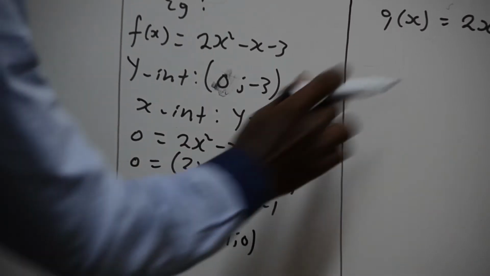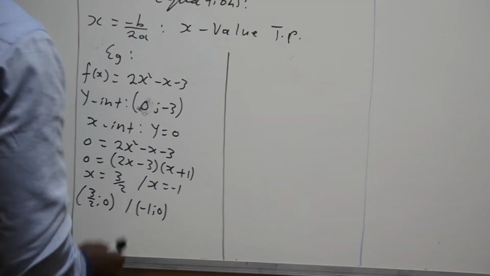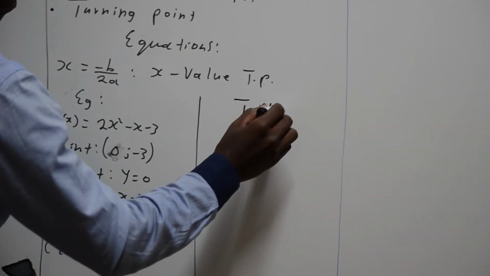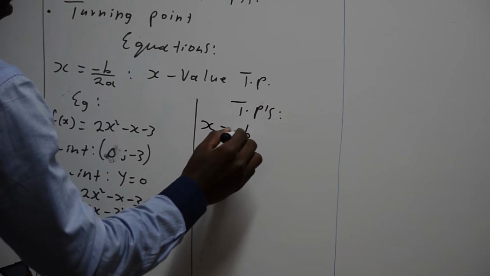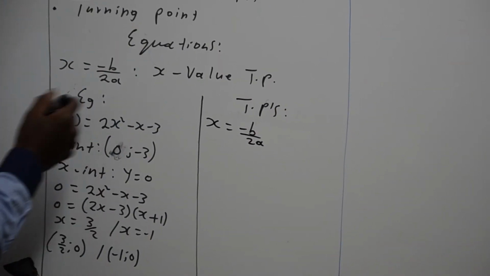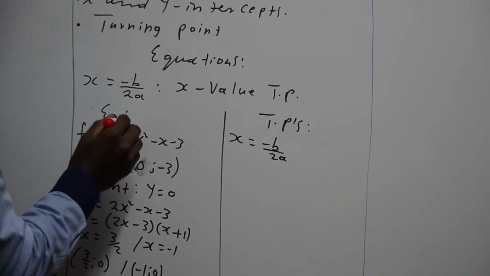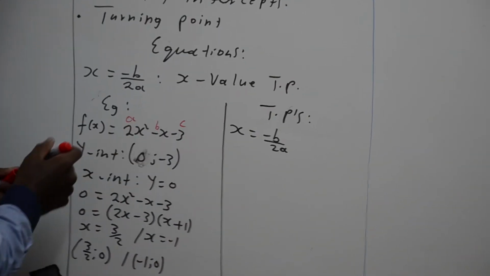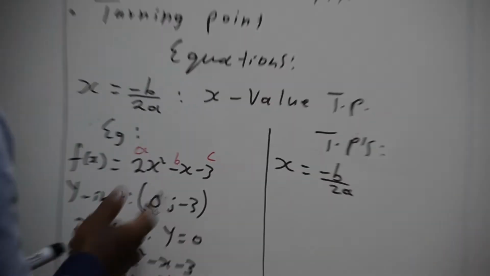Coming to the case of turning point, okay, let me remove this graph for now. Coming to the case with turning point, which is TP. Turning point is sebenzisa le equation minus b over 2a. So the equation now, this is your a, coefficient of x squared is your a, coefficient of x is b, coefficient of 0 is c.